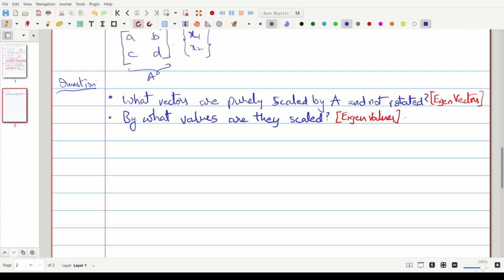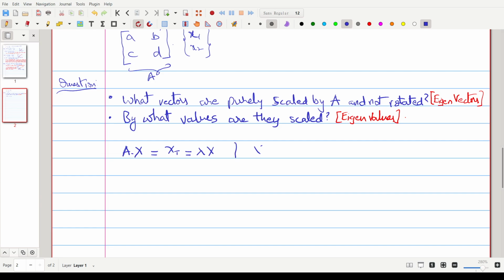When we say that the vectors after being transformed are purely scaled, what do we mean? We can write it like this, right? Like the A matrix, if we multiply with the vector x, it's going to give some transformed vector, xt, as we've seen. But this xt is essentially going to be some scalar times that actual vector.